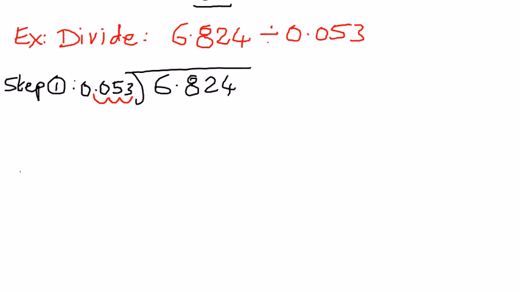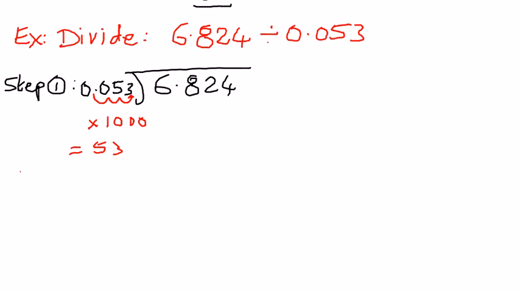by, 1, 2, 3, we moved it 3 places, so we're going to multiply that by 1000. So when we multiply 0.053 by 1000, we get the whole number 53.